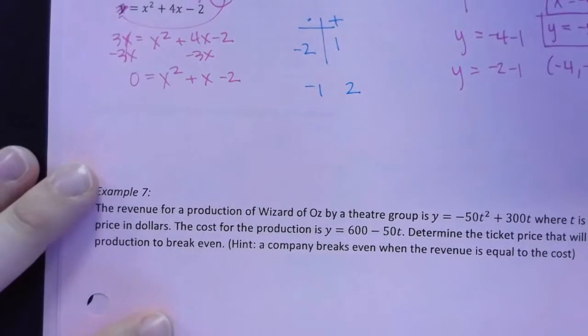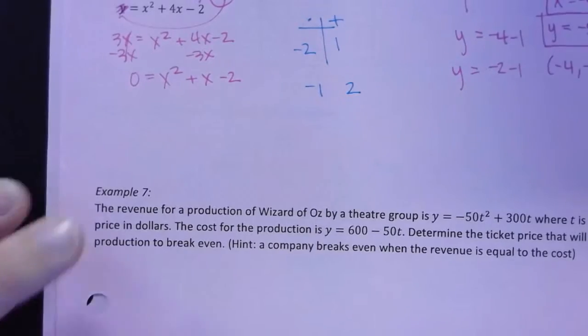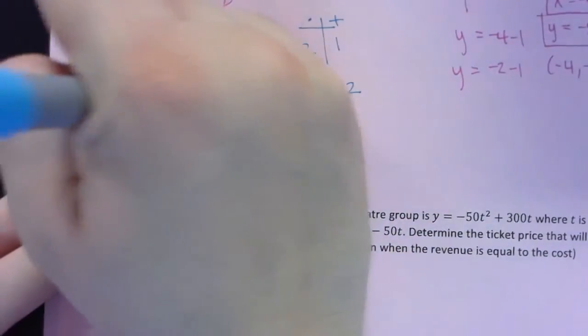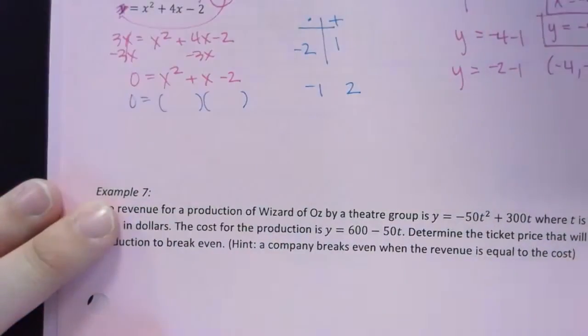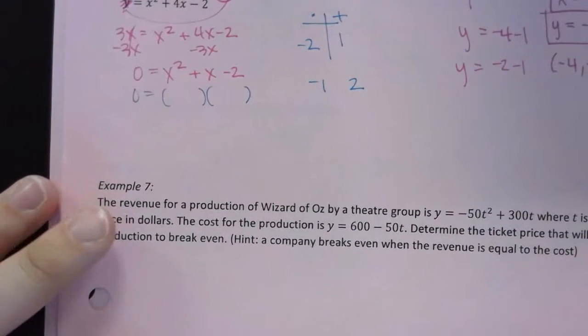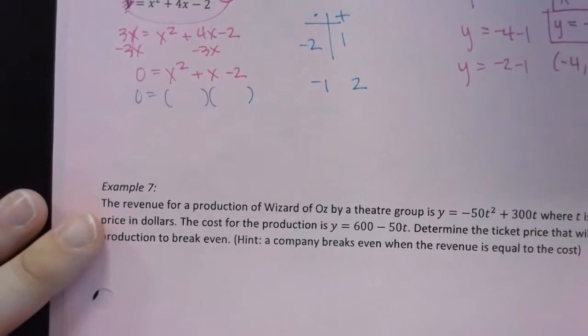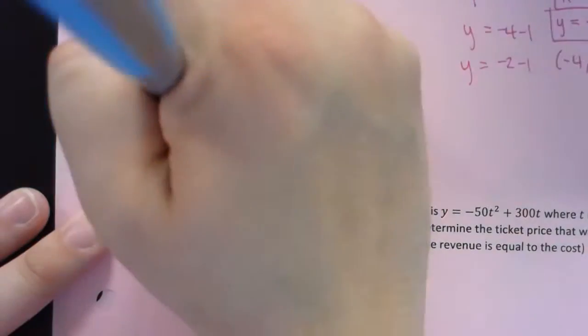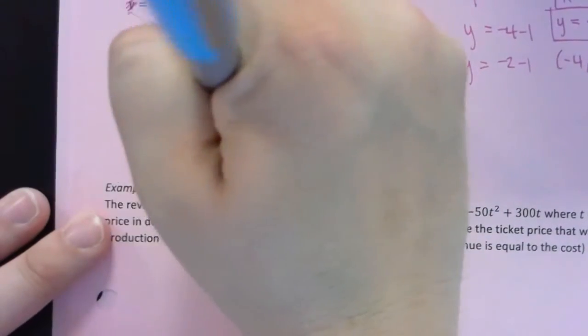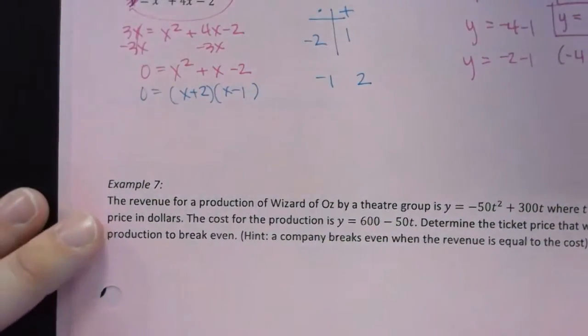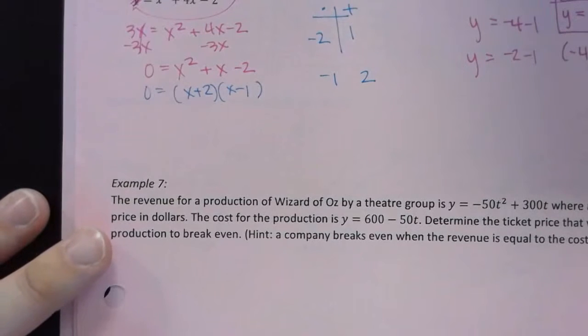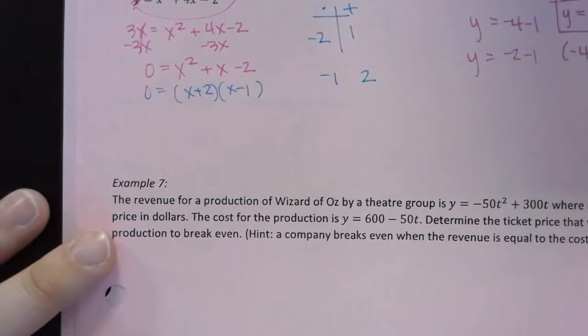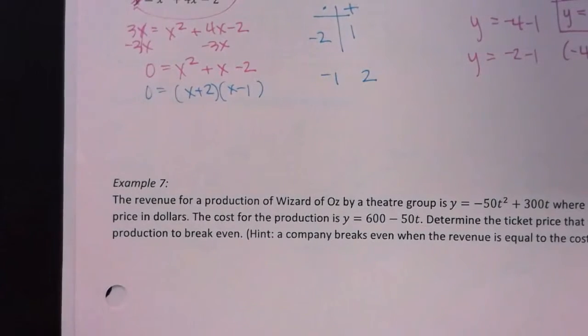Perfect. So what do we do with those two numbers? 0 equals what? X plus 2, x minus 1. It doesn't matter what order you put them in. Now what? Now we need to set each of them equal to 0.